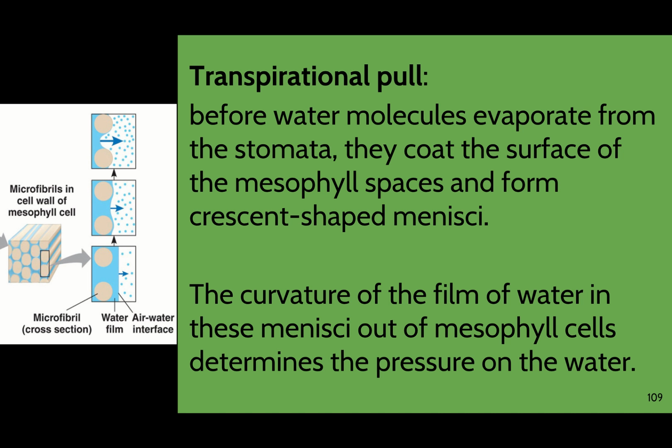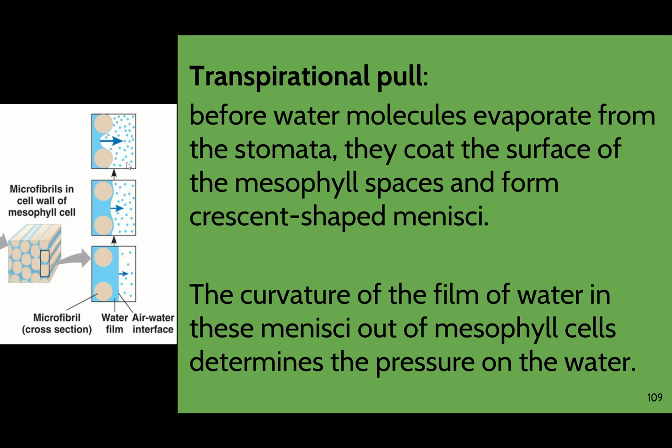Now, these mesophyll cells are also going to be surrounded by water. They are going to have essentially what you can call a meniscus, a layer of water, a film of water around those spongy mesophyll cells.